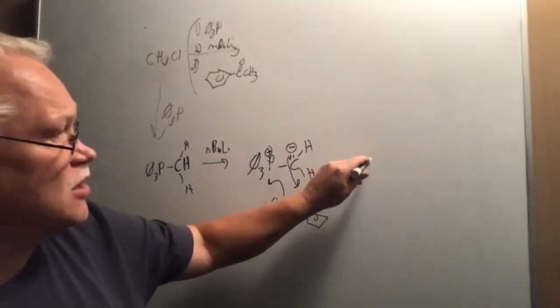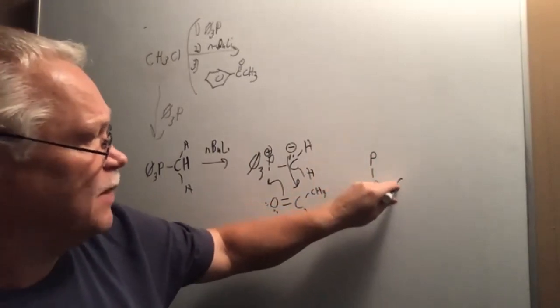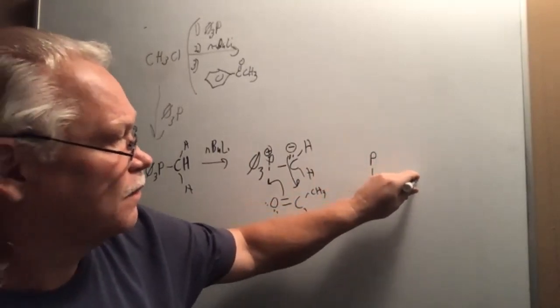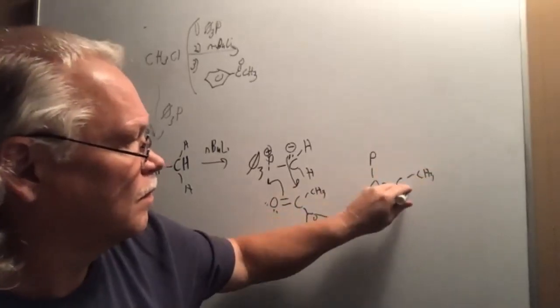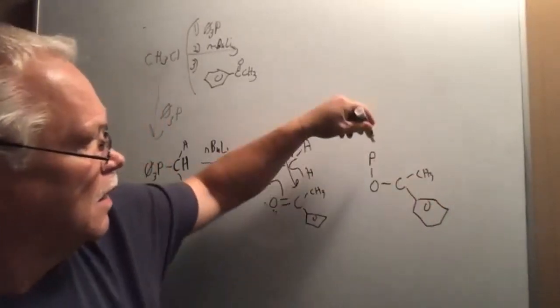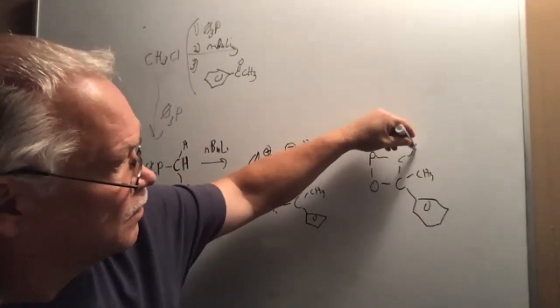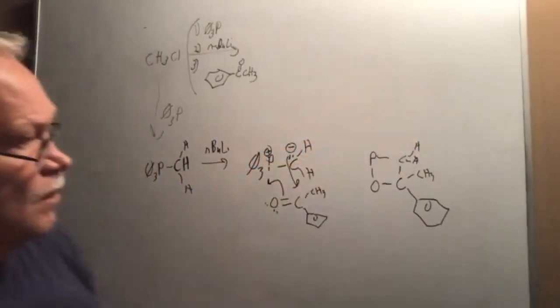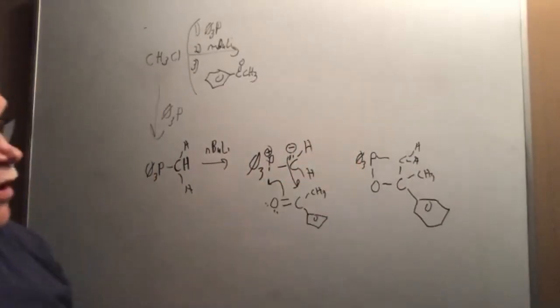What this now gives me is, let me redraw the structure, gives me temporarily something that looks like this. Okay, and the phosphorus again has the three phenyl groups on it.